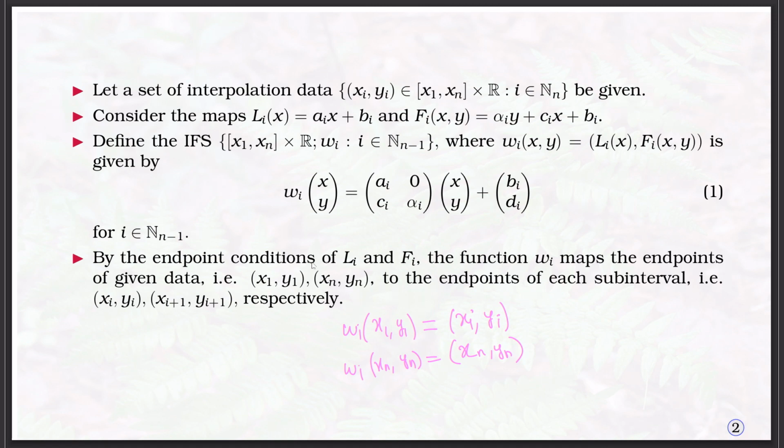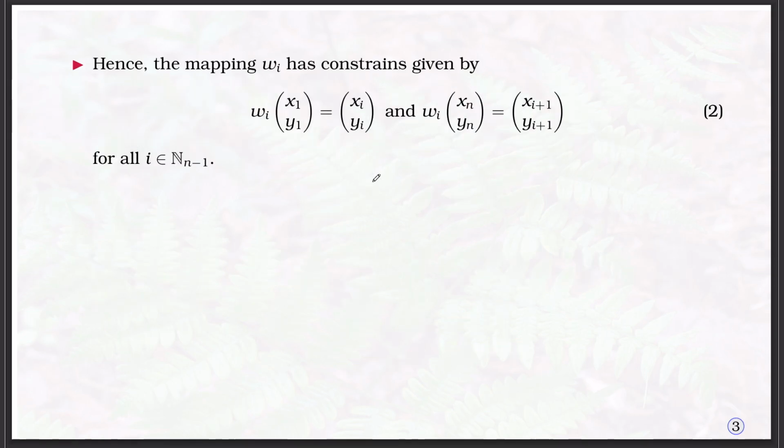So, by the endpoint condition of Li and Fi, the wi maps the endpoints x1 y1 to xi yi and xn yn to xi plus 1 yi plus 1. Now, one can replace x and y with x1 y1 and check what will happen, and similarly with xn and yn. Fine. So, these are the two conditions.